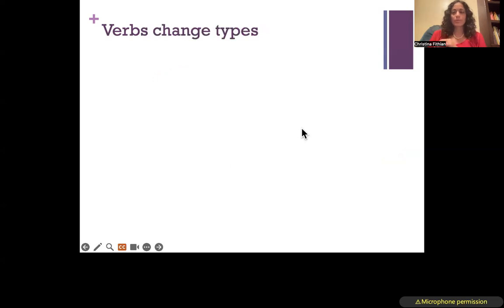Now, it's important to note, just as we saw with nouns and adjectives, that verbs can actually change their type depending on the sentence context. That is, you may have a verb that's a VT in one context, but a VG in another, as we saw with the verb send in the previous week.